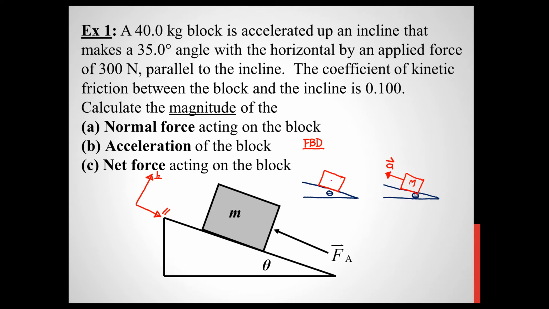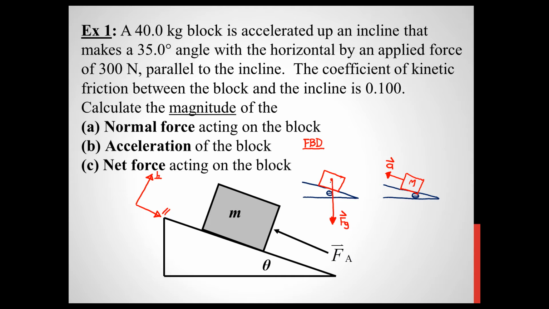Now, on the free body diagram, let's draw all of our forces. So first things first, let's deal with this force of gravity. I'll make it really big just to exaggerate it. So we have F_G. That would be straight down. And I'm going to draw the components of the force of gravity with a different color. This time I'll pick purple. So I need to form a right angle triangle.